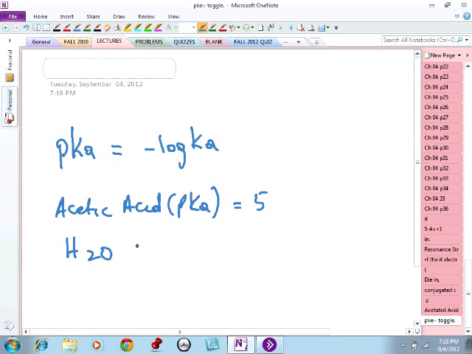For water, the pKa is about 16. Now, the lower the pKa, the more acidic that compound is. If I ask you, between acetic acid and water, which is more acidic? Acetic acid is more acidic.